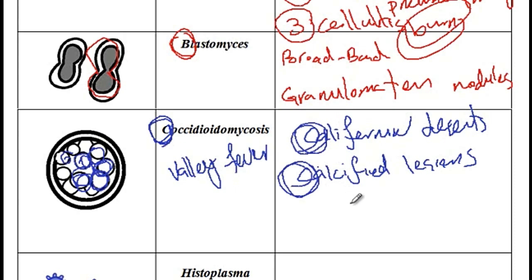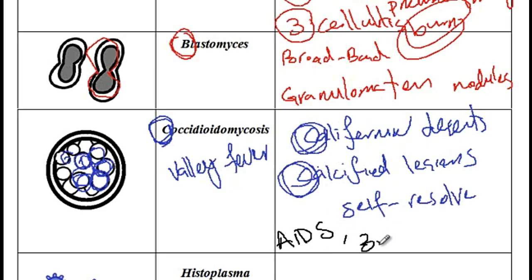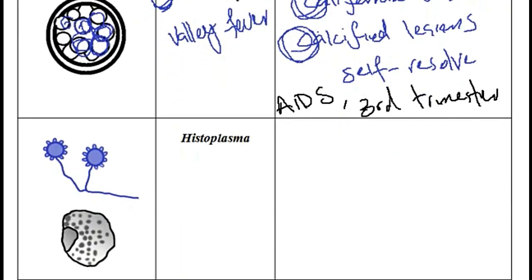This infection usually causes a self-resolving pneumonia, but in AIDS patients or during the third trimester of pregnancy, coccidioidomycosis can disseminate.